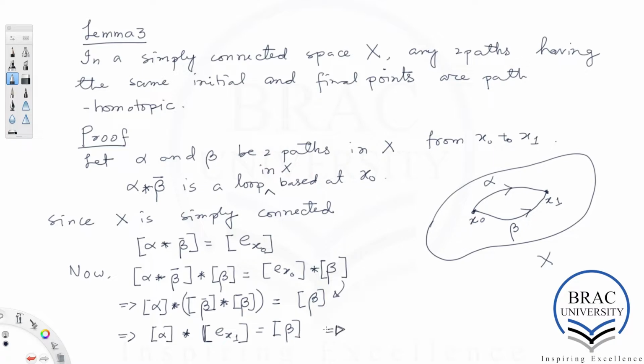This implies the class of alpha is the same as the class of beta, which means that alpha is path homotopic to beta, which is what we wanted to prove. QED. Good.